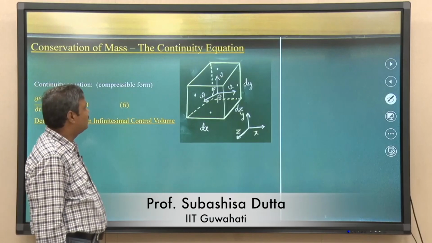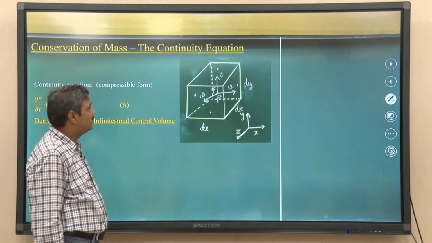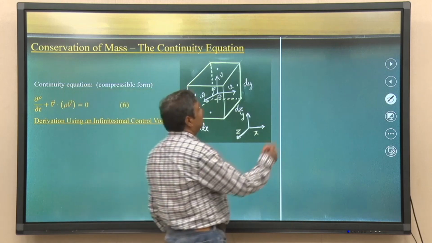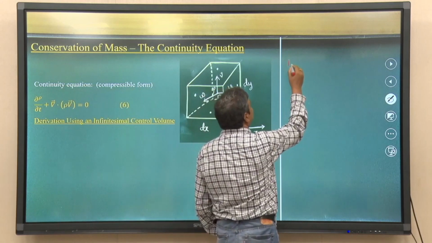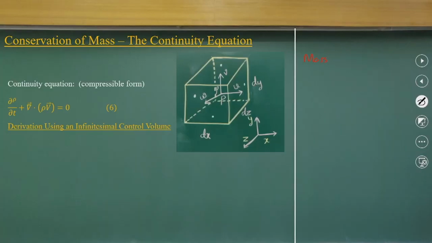Let us start on the continuity equations, basically the mass conservation equations for infinitely small control volumes.